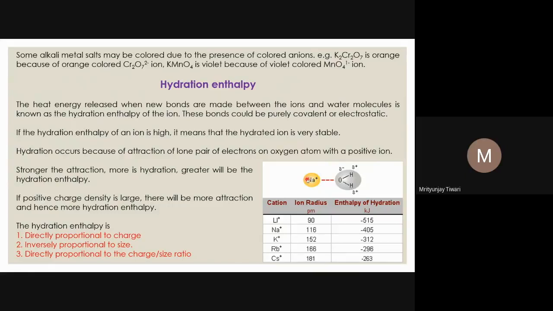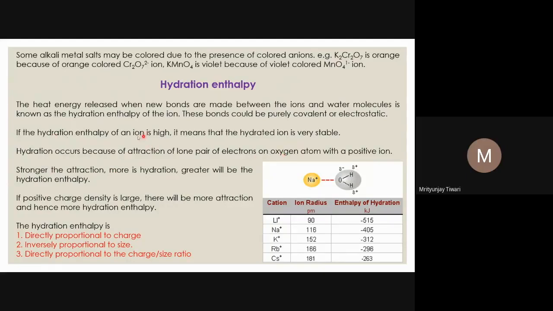Aluminium has a 3 plus charge, and in the same period its ionic radius is very small, so water molecules come much closer to aluminium and we see certain overlap. That bond between aluminium and water in the first hydration cell is more like a covalent bond. It's not like the ion-dipole type interaction we see in the case of sodium plus; in aluminium 3 plus it is more towards covalent bonding.